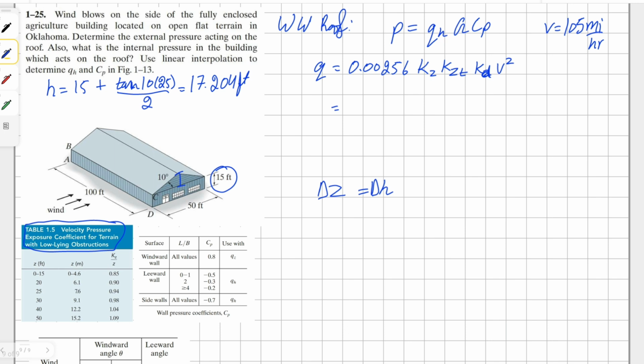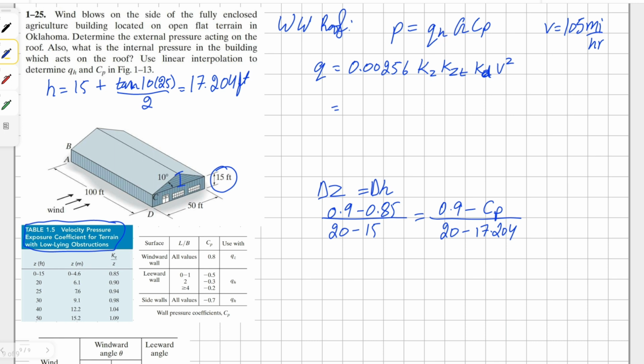So that means it'll be 0.9 take away 0.85 divided by 20 feet take away 15 feet equals our 0.95 for our exposure coefficient, take away our exposure coefficient that we are looking for, divided by 20 take away 17.204.